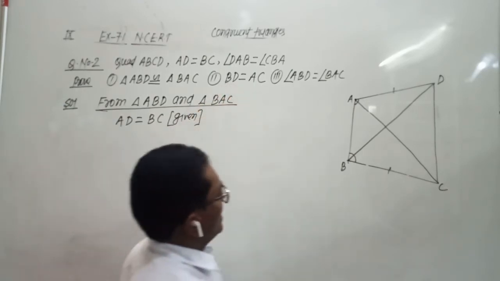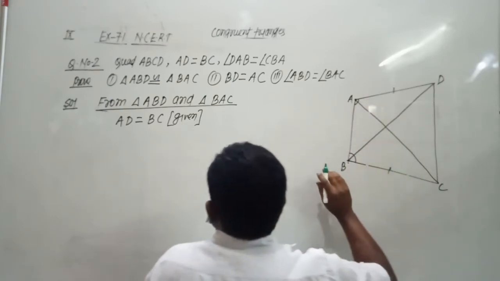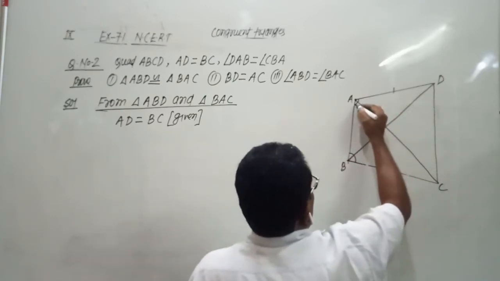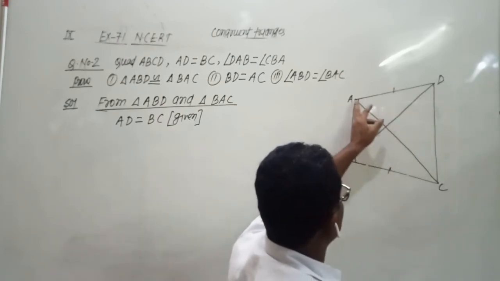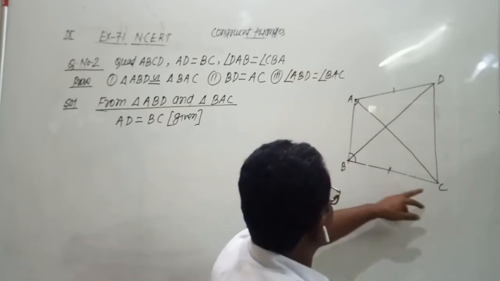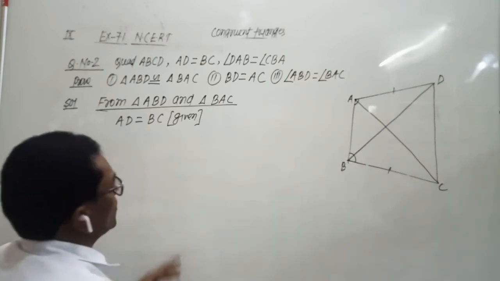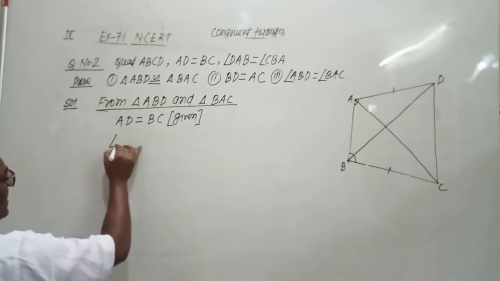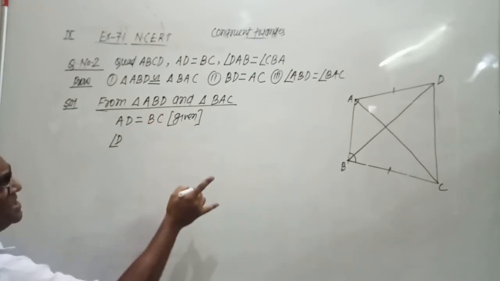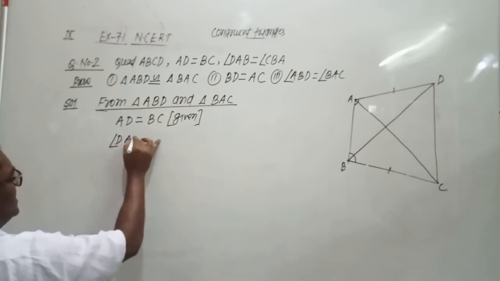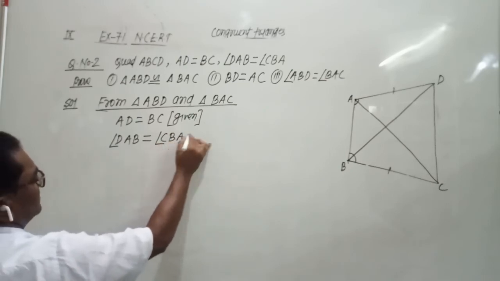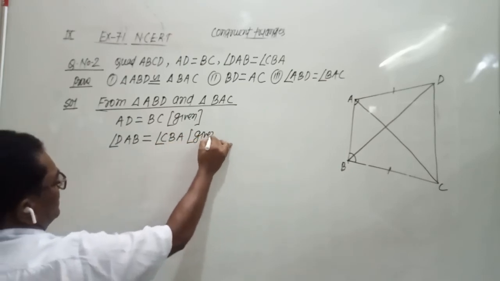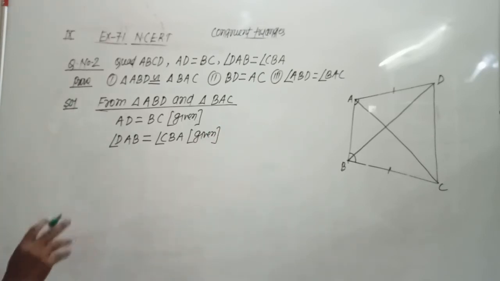It was also given angle DAB. In triangle ABD, angle DAB, and in triangle BAC, angle CBA. So in both the triangles we are given that angle DAB equals angle CBA.